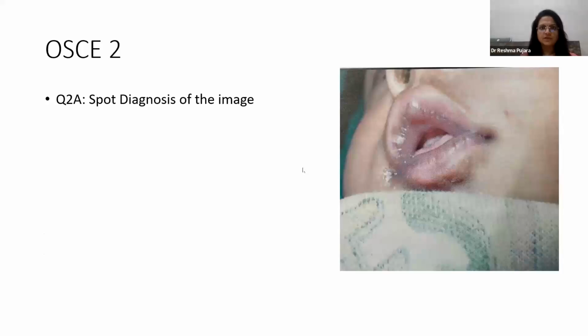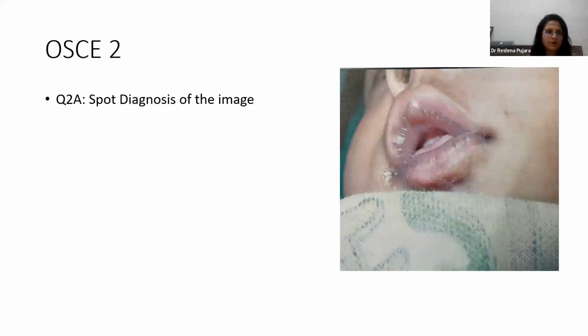Right. So I hope the picture is clear. So this is a healthy term baby who has something on the lip. Can you tell what it is?